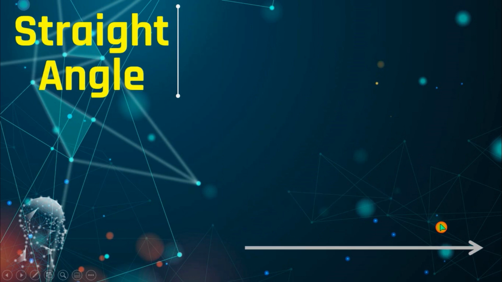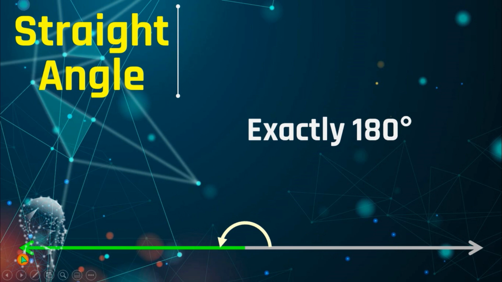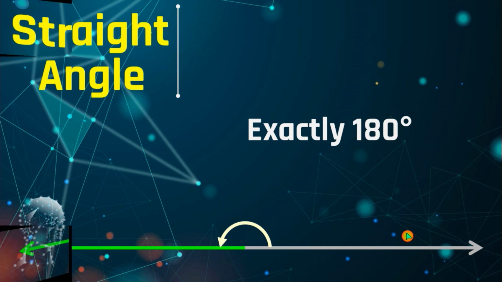When we say straight angle naman, this is an angle that opens exactly what measure? Exactly 180 degrees. So you will clearly see na nag-form ng straight line. May kinalaman talaga itong right angle and straight angle for our lesson about complementary and supplementary angles.